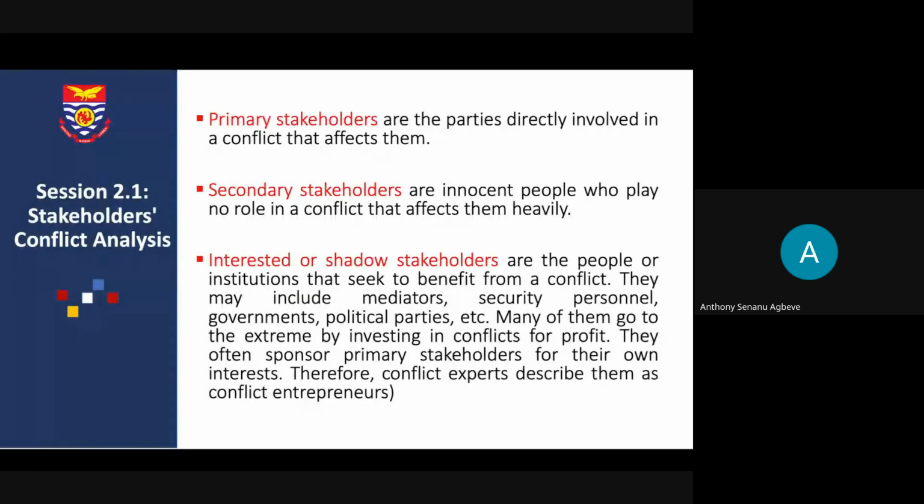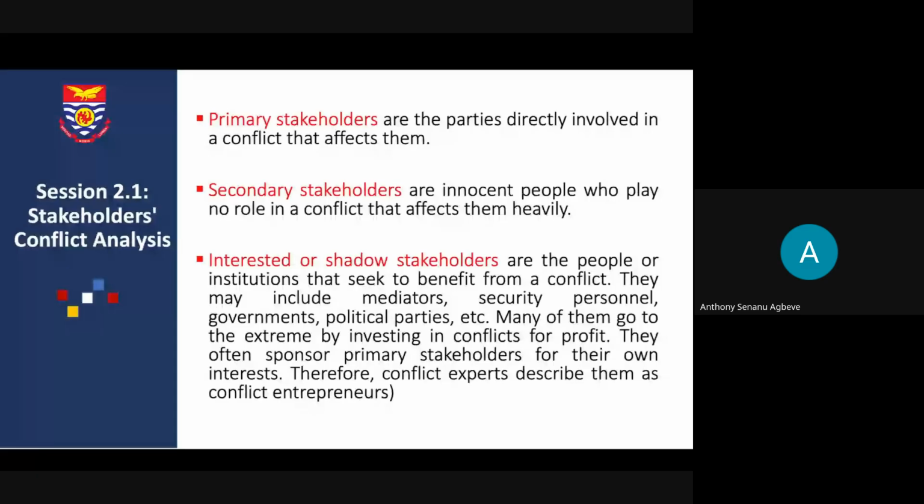Right? When you go into these global conflicts, most of the organizations that manufacture arms and ammunition are financiers of these global conflicts. For example, the Russia-Ukraine war, there are financiers behind it.